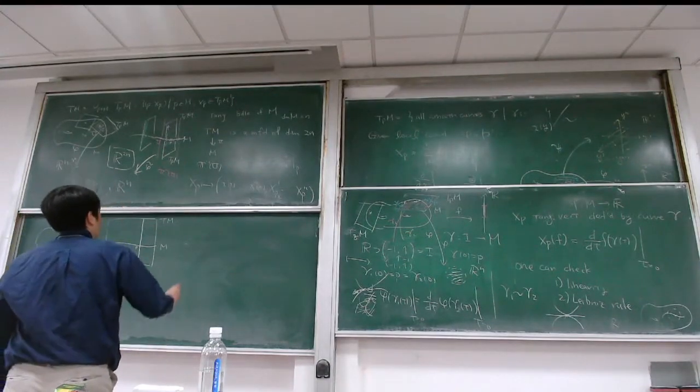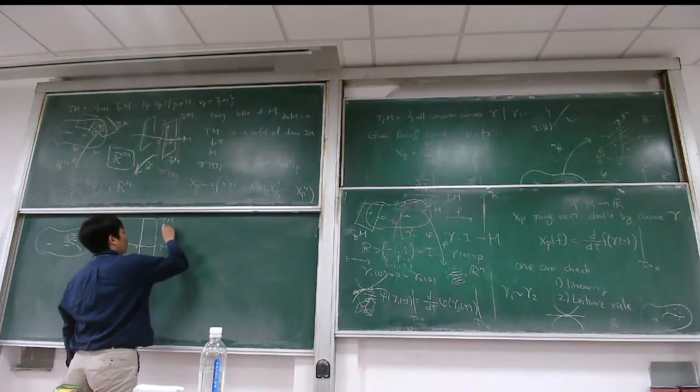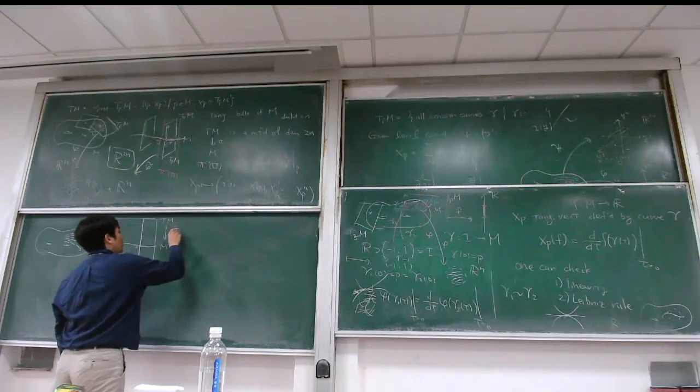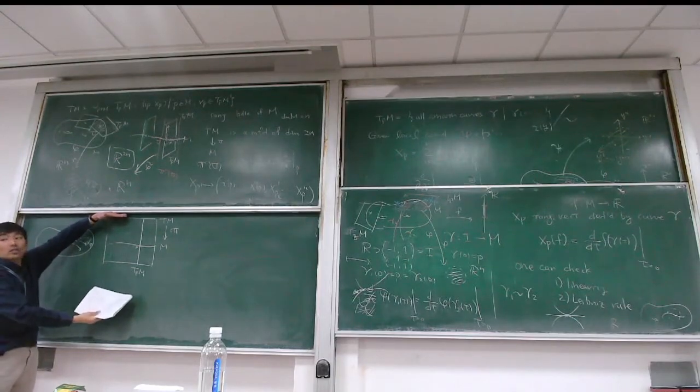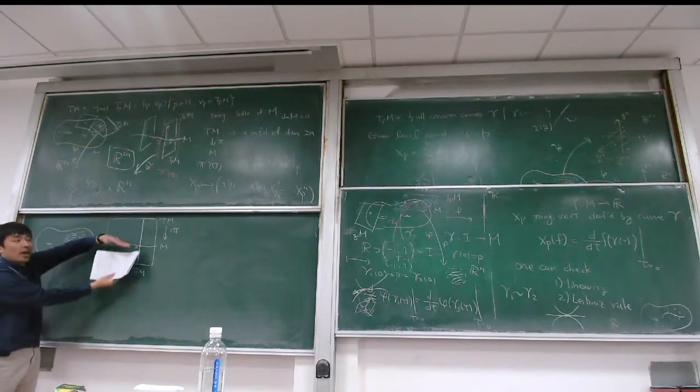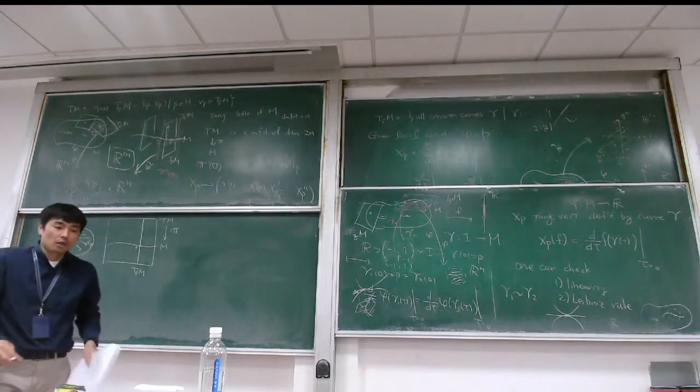Now you have a projection map, TM goes to M. The projection map just shrinks the whole tangent space to the point in M. That's the projection map.